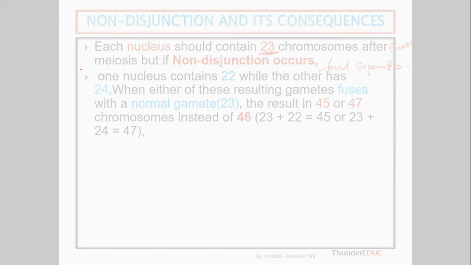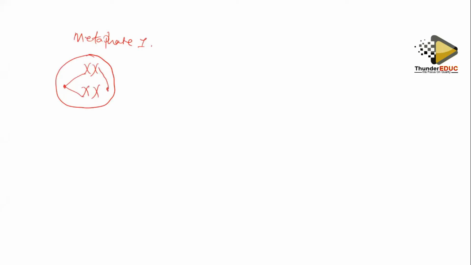Say you have a cell in metaphase 1, and this cell has chromosomes. Remember, they are supposed to be aligned along the equator. We're explaining the process of non-disjunction.